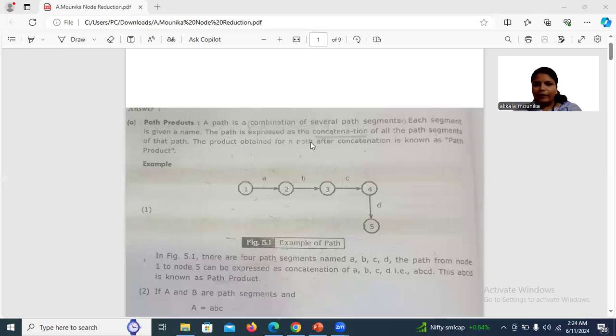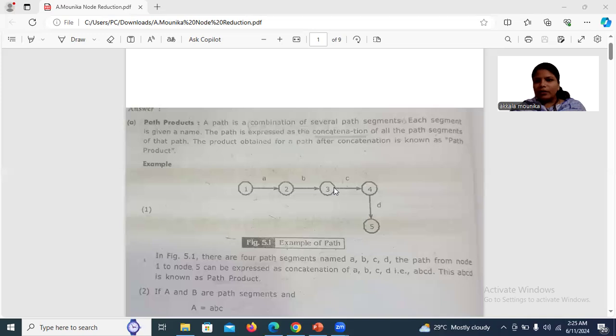The product obtained for the path after concatenation is known as a path product. Whenever we combine all the path segments, the product which we obtain is known as a path product.